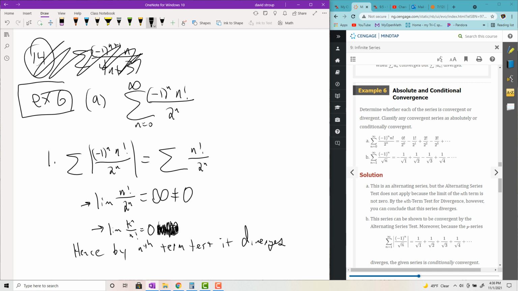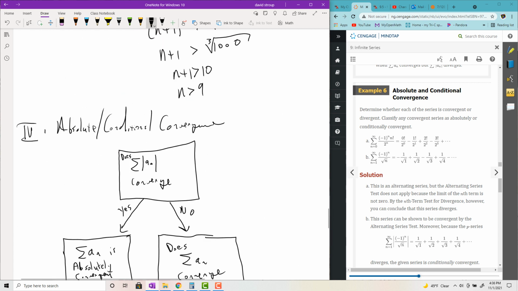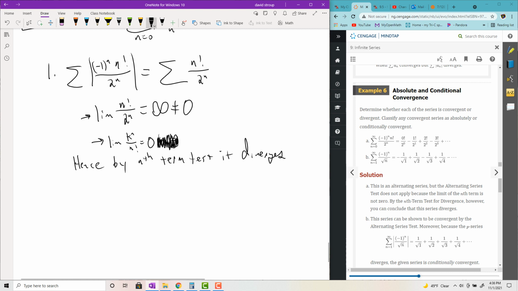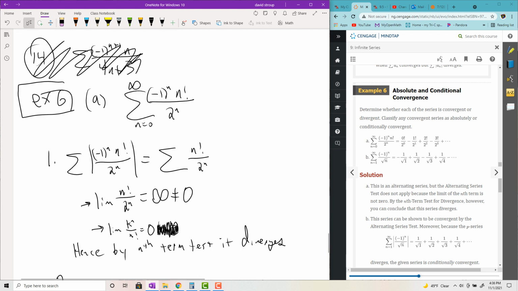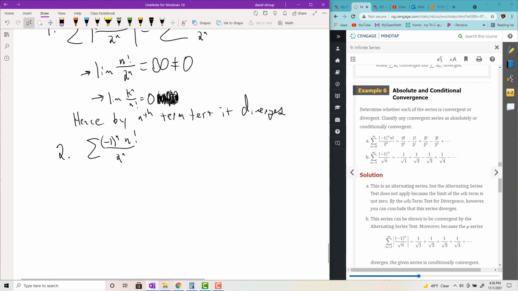But you haven't really said the original series diverges, right? So in the flow chart, what's happened is you've gone down this arm. So what you need to do then is go back to the original series. Secondly, you go back to the original series and say whether or not that thing diverges. -1 to the n times n factorial over 2 to the n. This is an alternating series, and the first step is to look at the limit of n factorial over 2 to the n.